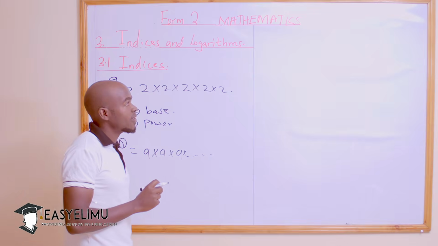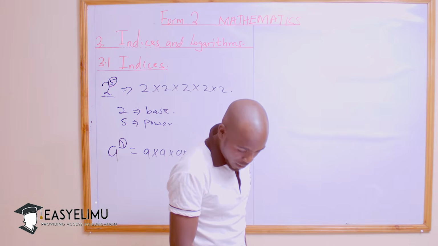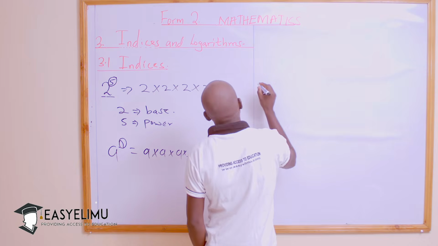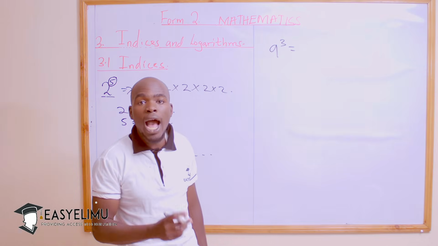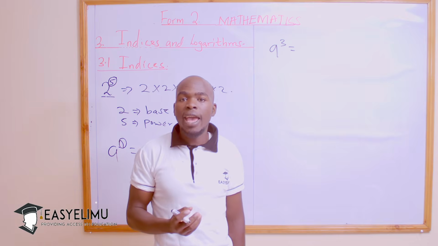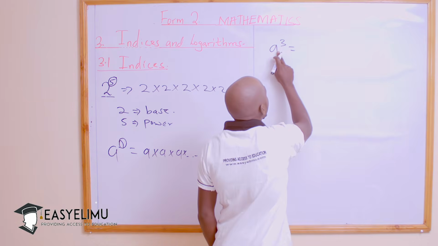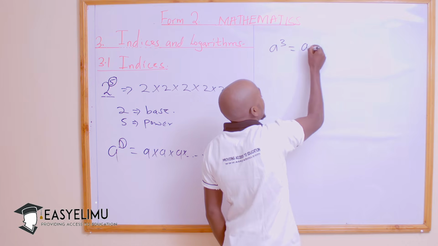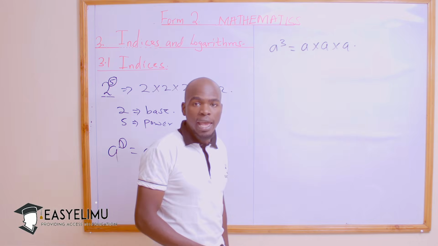Now we shall see some examples. For example, a cubed. This simply means that we have to multiply a 3 times. So a cubed is the short form of writing a multiplied by a multiplied by a.